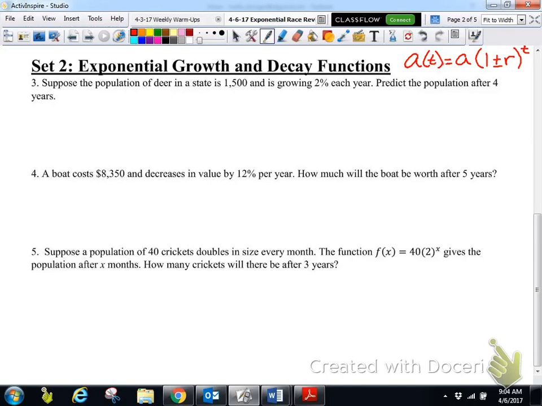All right, so as you work through these, suppose the population of deer in a state is 1,500. So it's going to start at 1,500 and is growing by 2% each year. All right, so when I write my equation, I know that I'm going to have a of t equals 1,500 times 1.